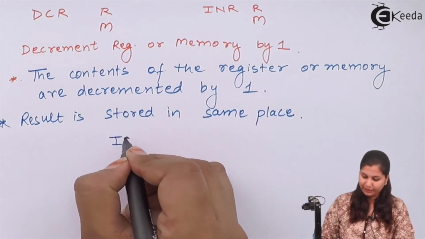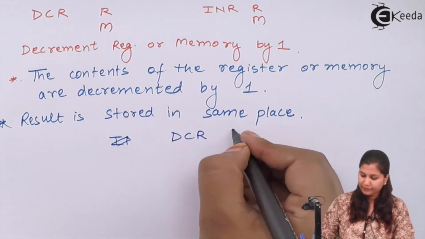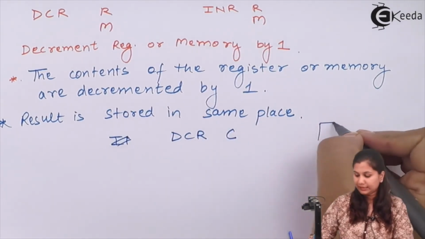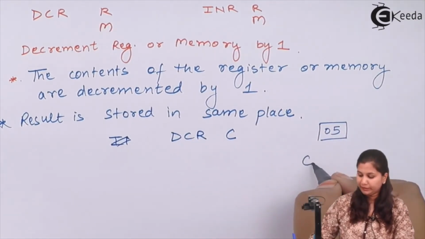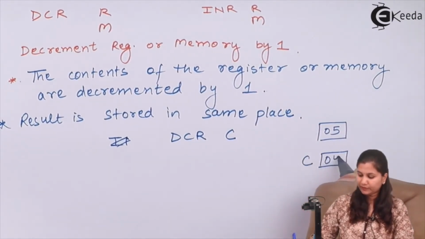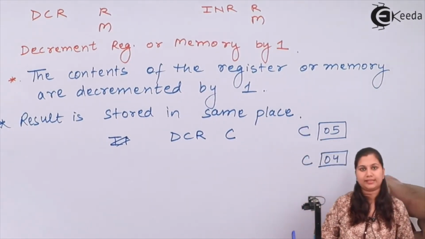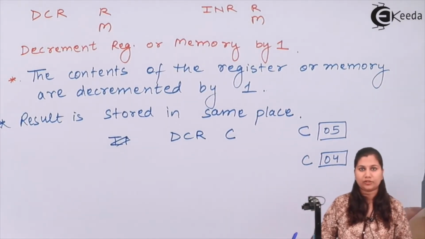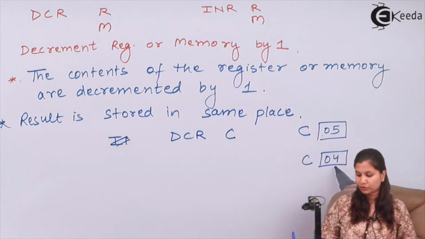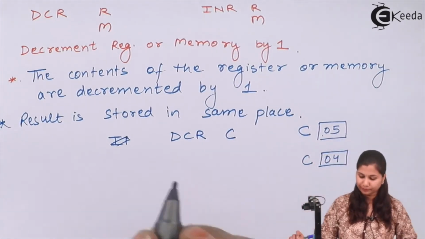Suppose we have DCR C, and in the C register we are having 5. So this will be decremented by 1 and the new contents will be 04. The result is stored in the same place. It is not stored in the accumulator. It is stored at the same place and the number is decremented by 1.